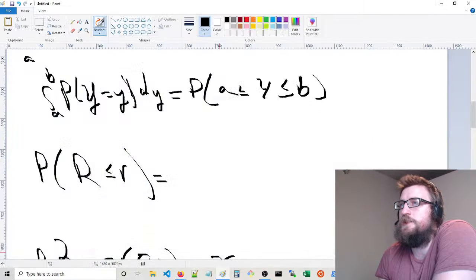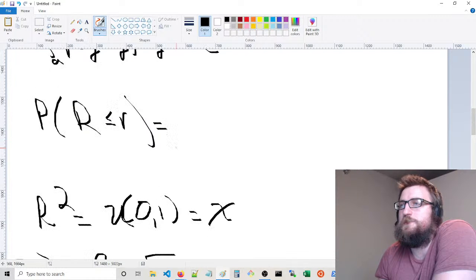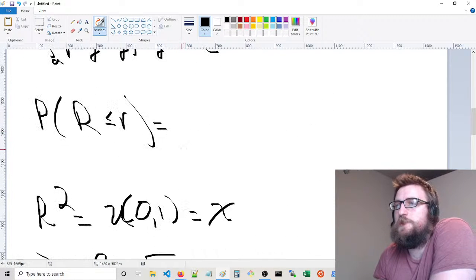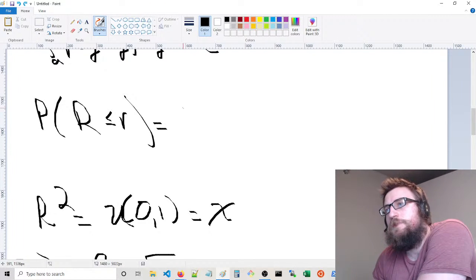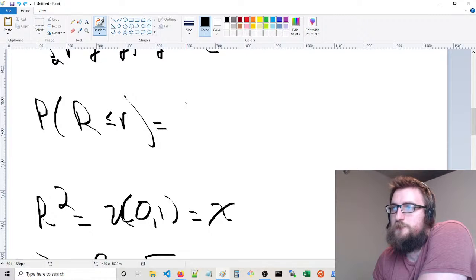Because I want to say that the probability of r being less than or equal to r is equal to, this is the cumulative density function. The cumulative density function of this, we already know, is based on the radius of any given point.